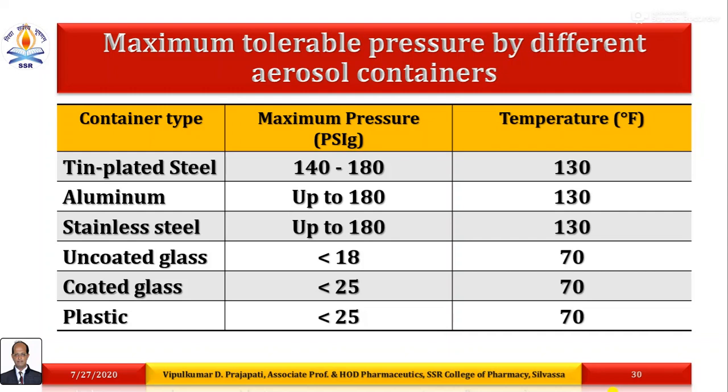Tin plated steel maximum pressure 140 to 180 pounds per square inch gauge at 130 degrees Fahrenheit, aluminum up to 180, stainless steel up to 180, uncoated glass, coated glass and plastic less than 18, 25 and 25 pounds per square inch gauge respectively.